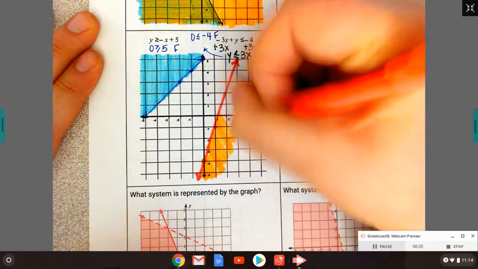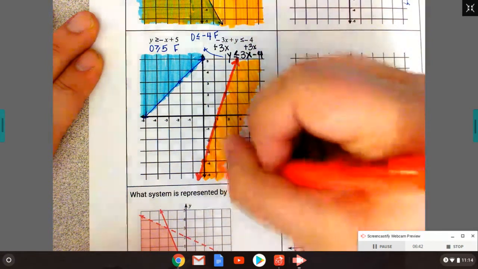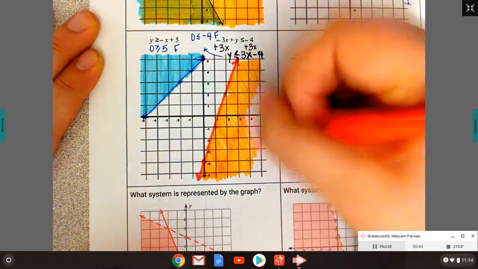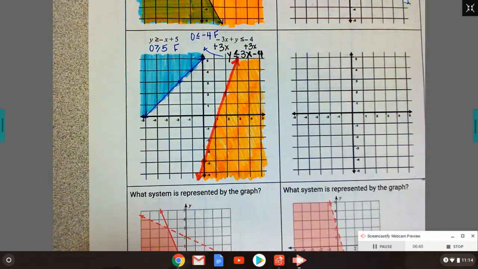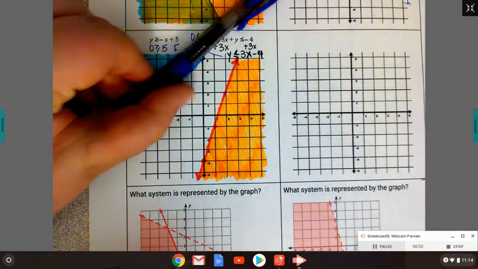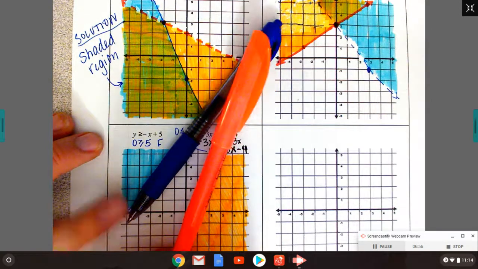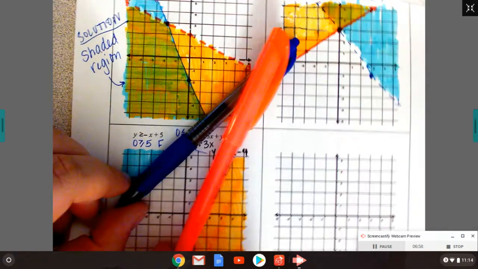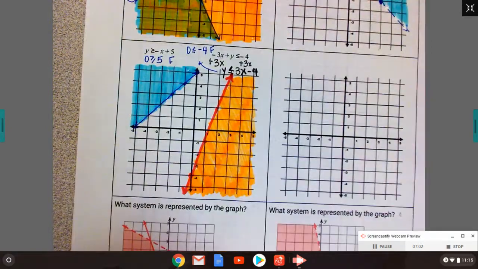So this one's a little bit different in that we don't have an overlap of shading. At least we don't on the graph. Notice we don't see the overlap, but if you continue these lines out, they would eventually cross and our shading would eventually overlap. But on our graph, it doesn't. So that's totally a possible situation.